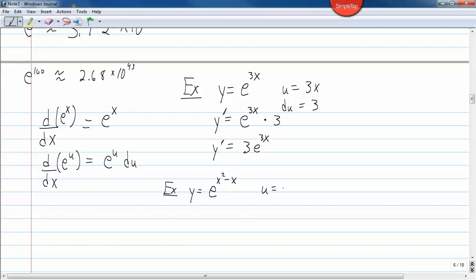My u equals x squared minus x. So my du equals 2x minus 1. So that's what I multiply times my original. So put that in parentheses though.